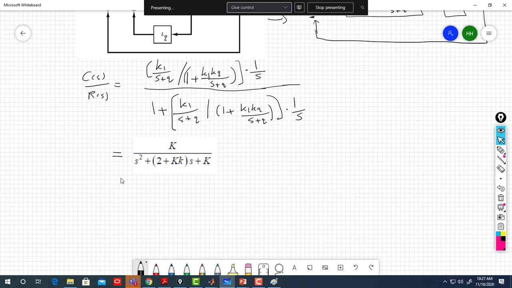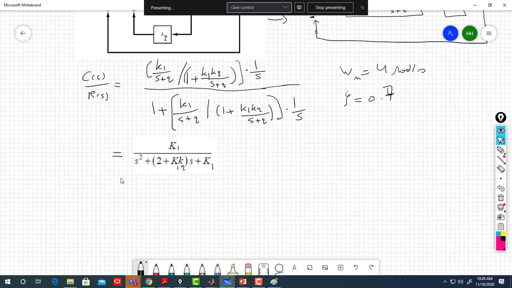So then it's K1, K1 K2, K1. That's the closed loop transfer function. So from here, how to go? You have omega n equal to 4 radian per second, the angular velocity, and you have the damping ratio equal to 0.7.